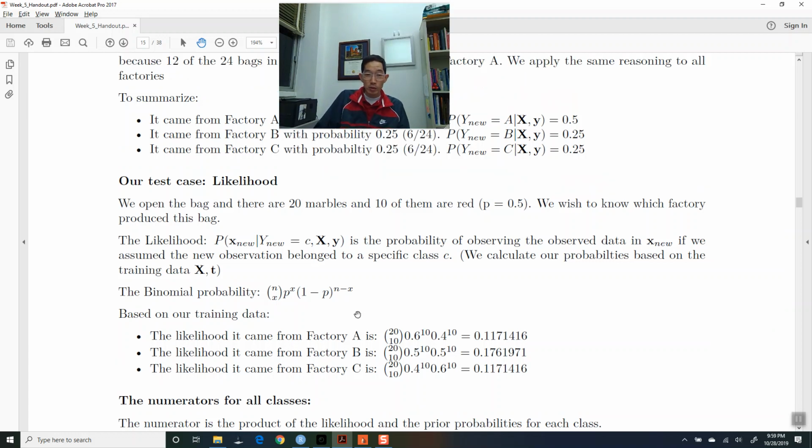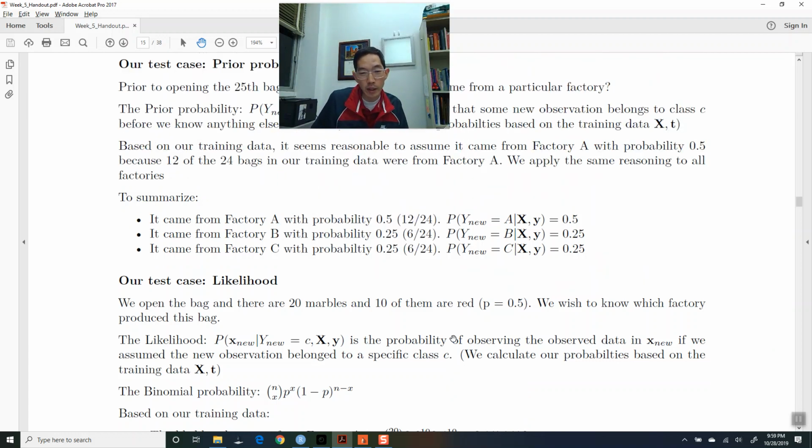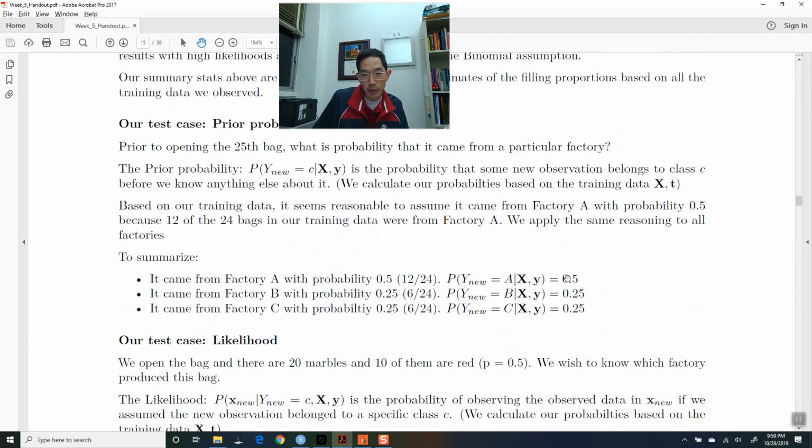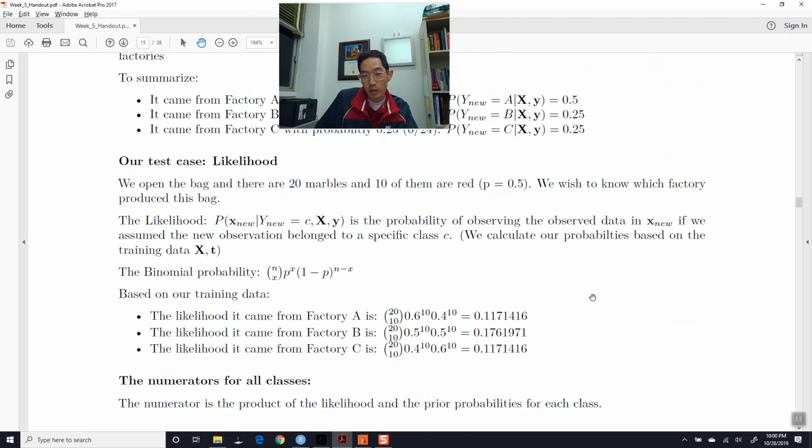But what we want to do is combine our likelihoods with the prior probabilities. So what's going on is that before we looked at the bags, we said factory A is most likely because it seems like half of the bags come from factory A and only 25% come from factory B. However, once we opened up the bags, the likelihood of the data in our bag is that factory B is most probable.